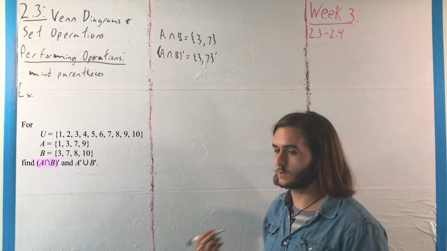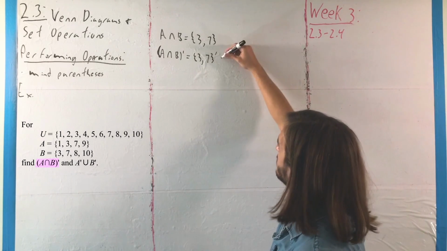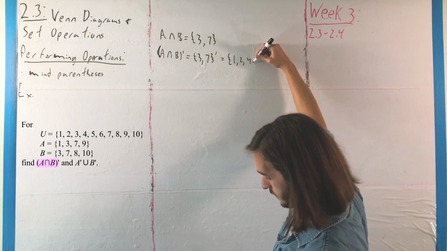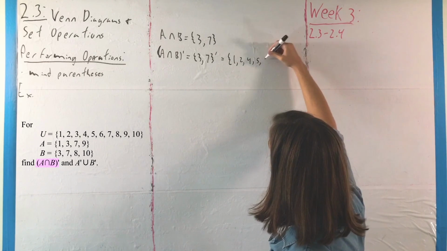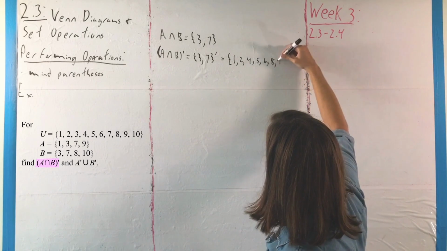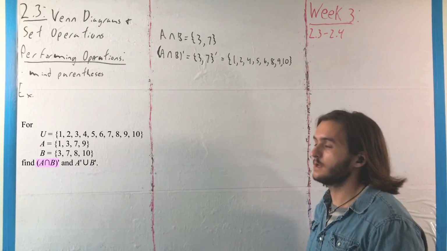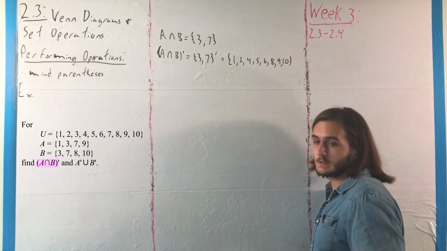So here, that's the numbers 1 to 10 except for 3 and 7, which would end up being 1, 2, 4, 5, 6, 8, 9, and 10. Again, everything 1 to 10 except for those, because that's what the complement says.